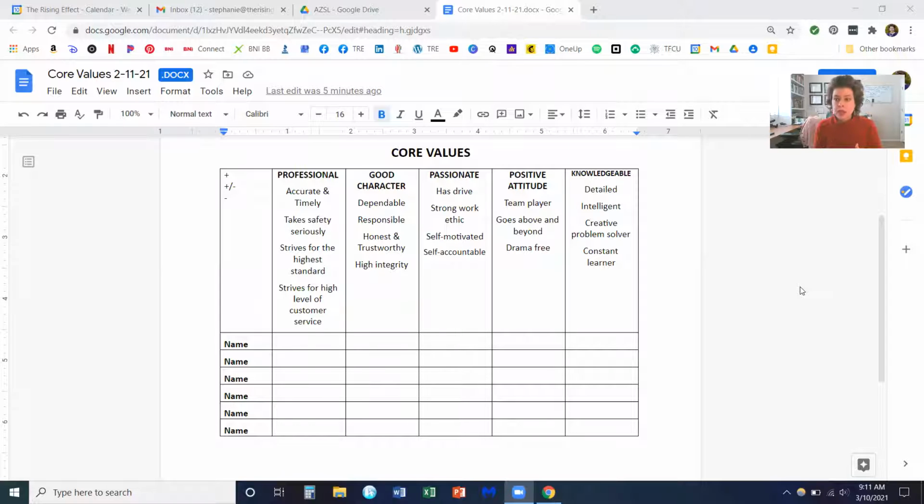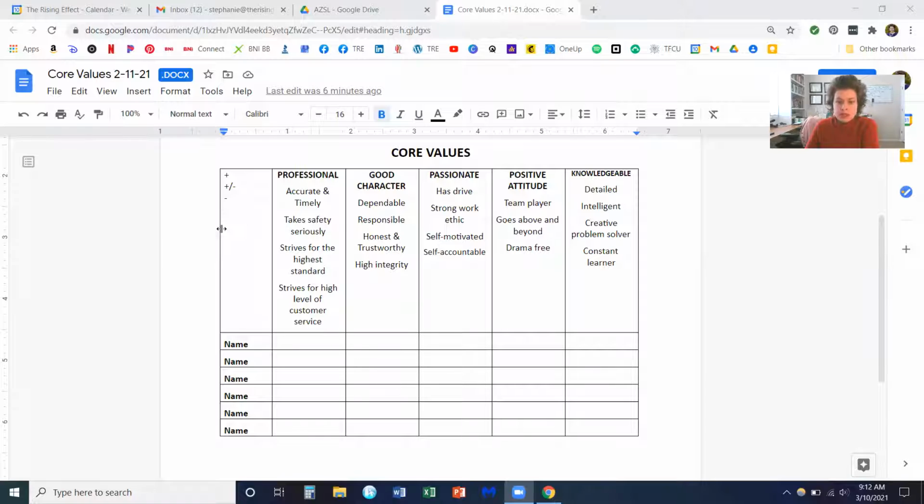So this particular client identified what it means to be professional, what it means to have good character, what it means to be passionate about your work, what it means to have a positive attitude, and what it means to be knowledgeable. And we kind of described underneath that and elaborated on that.